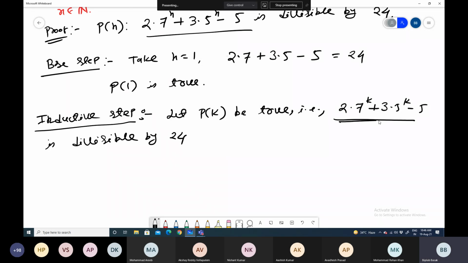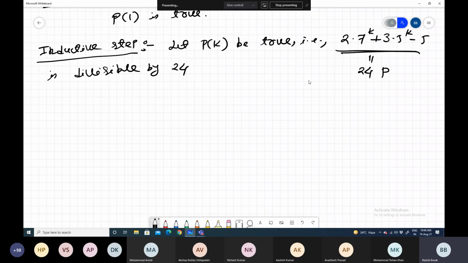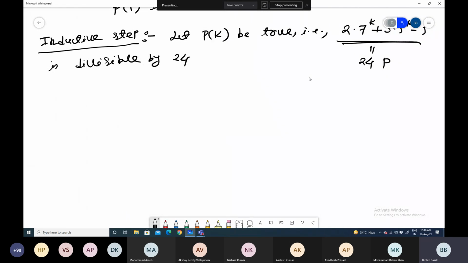So we assume this is equal to 24p, for some integer p. Now we need to prove that P(k+1) is true. So we need to prove that 2 into 7 to the power k+1 plus 3 into 5 to the power k+1 minus 5 is divisible by 24.